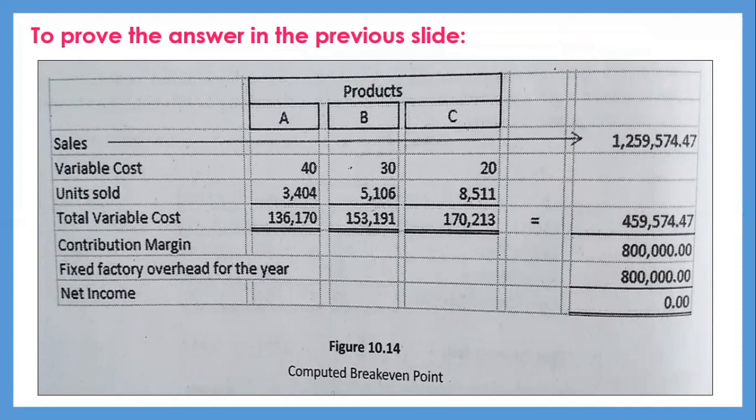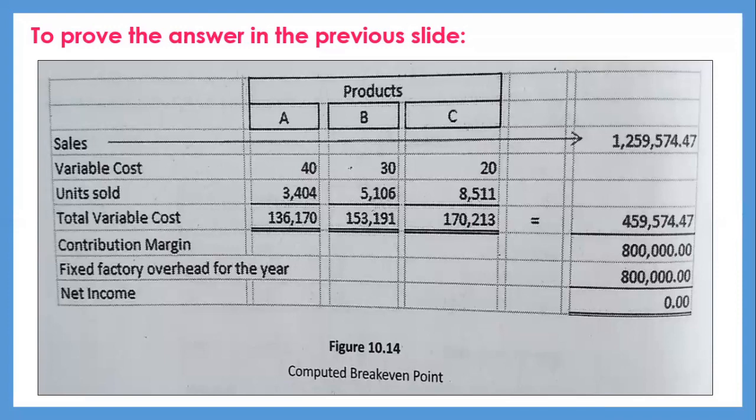For our total variable cost, you have there 459,574.47. And this is the sum of the total variable cost for each product. And therefore, our contribution margin is 800,000 pesos, less our fixed factory overhead for the year of 800,000 pesos. Therefore, our net income is 0.